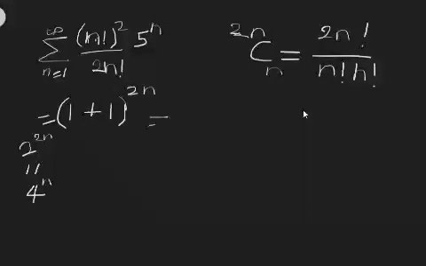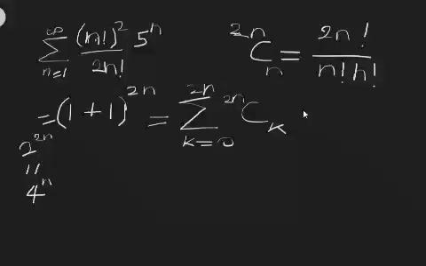You know this: the sum with k going from 0 to 2n of 2nCk times 1 to the power 2n times 1 to the power k, which is equal to 1, right?